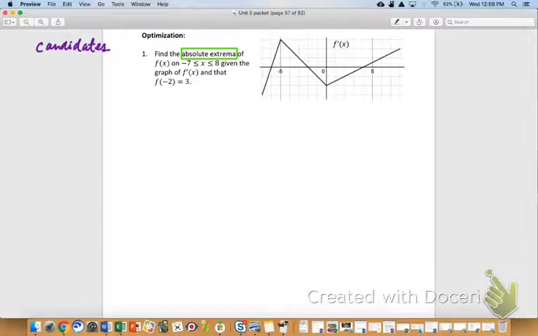So when Hunter says where f prime is 0 or where f prime doesn't exist, how could we label all those points? Critical points. There we go. Jed, you're right. Everything you circled, yeah, exactly. So the short answer is your candidates are critical points and endpoints.